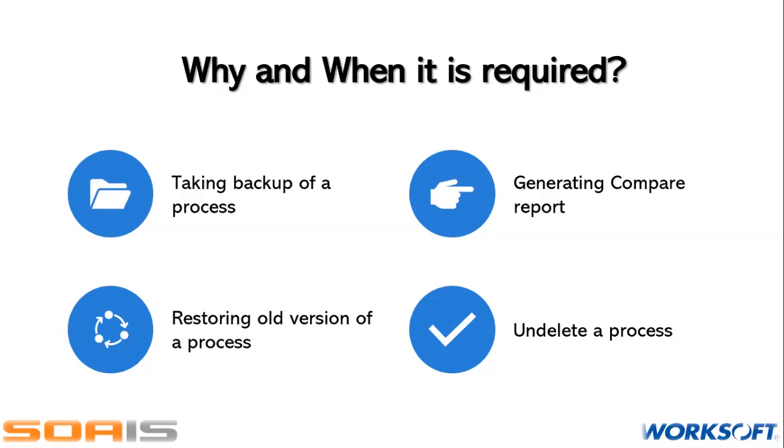We go to the change history, click on the deleted version of the process, and we can restore the whole deleted process in our Workshop Certify and use it for future purposes. So that is actually undeleting a process. Whenever we delete by mistake, or the client currently doesn't require that process but after some days we want it, we can do that with the undelete option of process versioning.